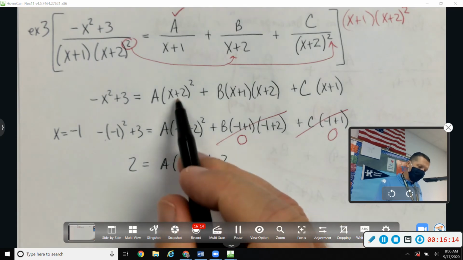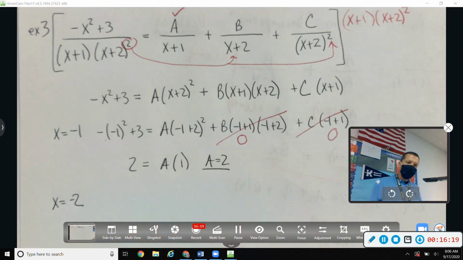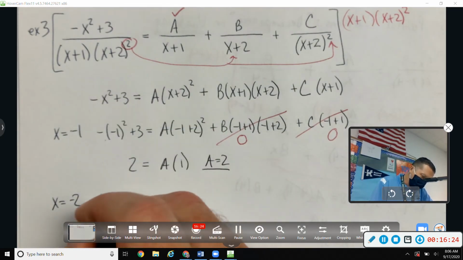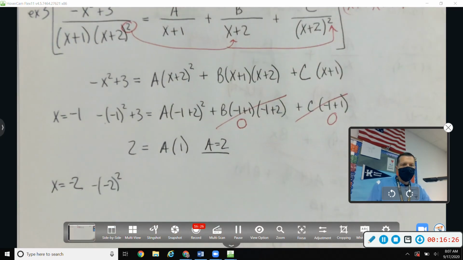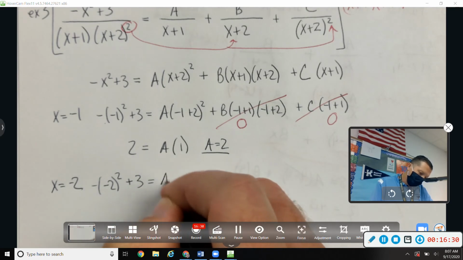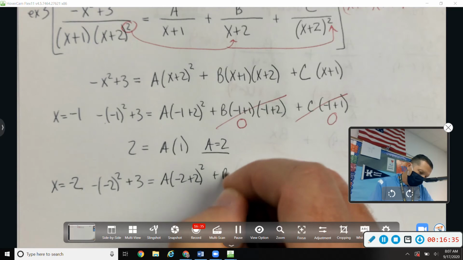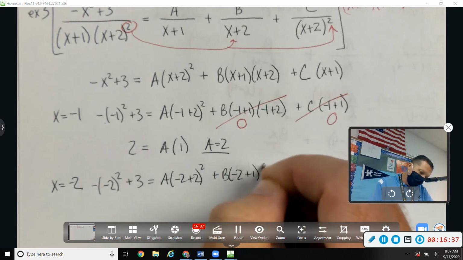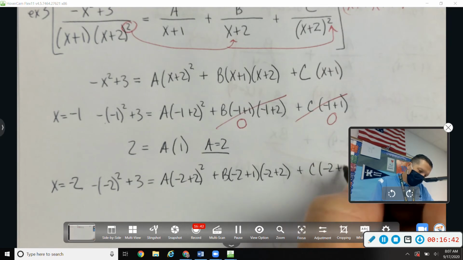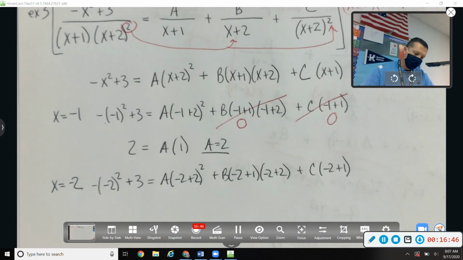Good, -2, because that'll wipe out this and this. So let's pick -2. Again, with the negative x squared thing, got to be real careful. Negative square of -2 plus 3 equals A times -2 plus 2 squared. Just plugging in -2 everywhere for x. If we picked it right, things should work out well for us.